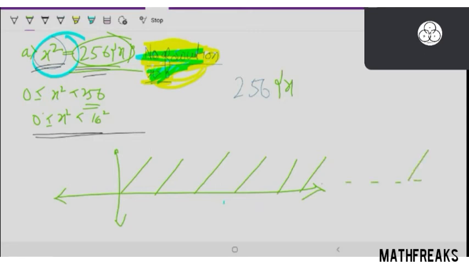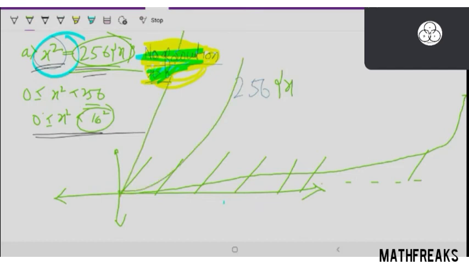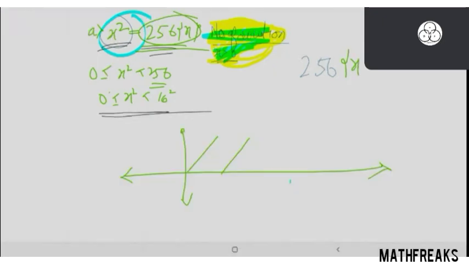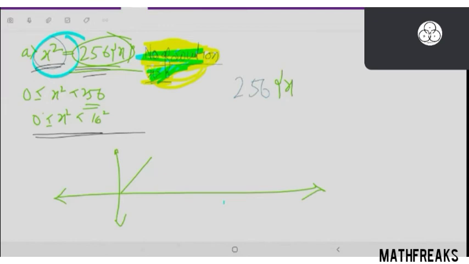Up to 16 only we want, and x square will cut through all of these, because these are very steep. x square is also steep, but these graphs are also steep. I'm not drawing it that way, that's why it looks like this. This is 256. Up to 16, x square will cut. Now let me draw it steeper, for the last case.